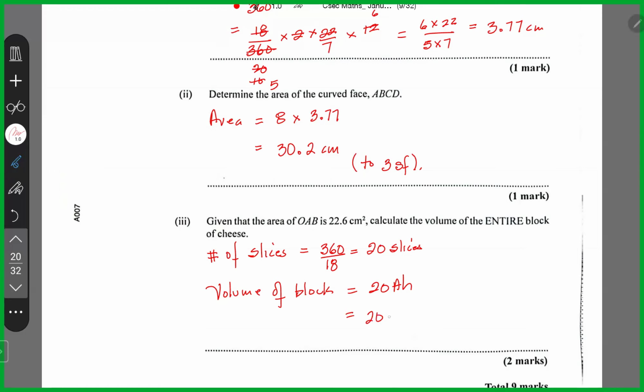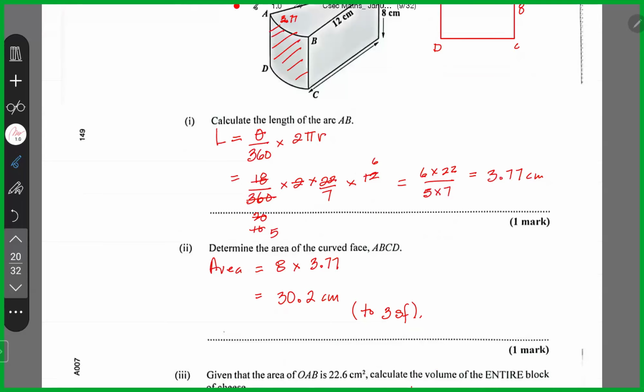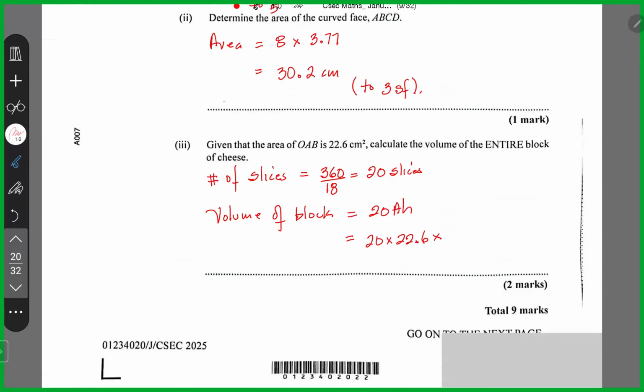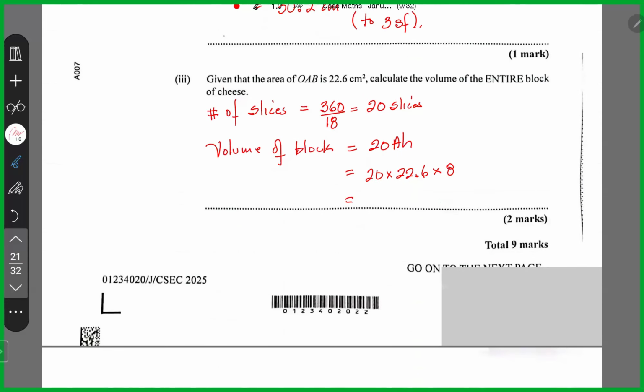So this would be 20 times 22.6 times the height, and the height here is 8 centimeters, so it's multiplied by 8, and so the volume of the entire block of cheese would be 3,616 centimeters cubed.